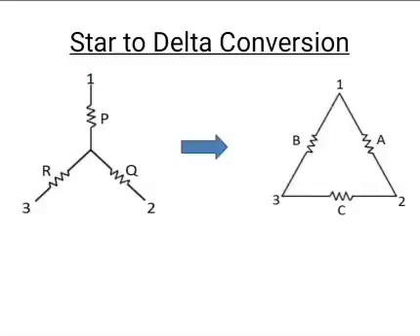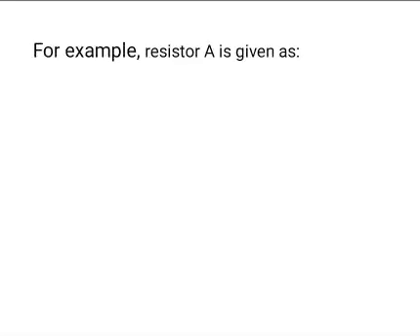For example, resistor A is given by A equals PQ plus QR plus RP divided by R.